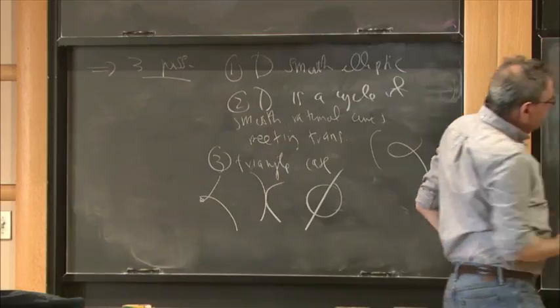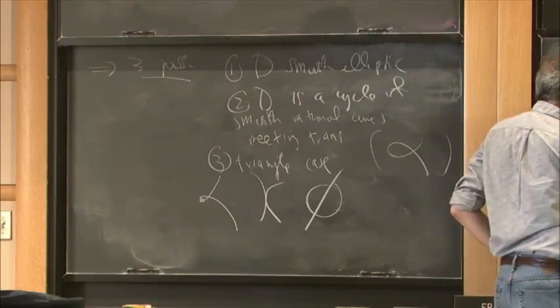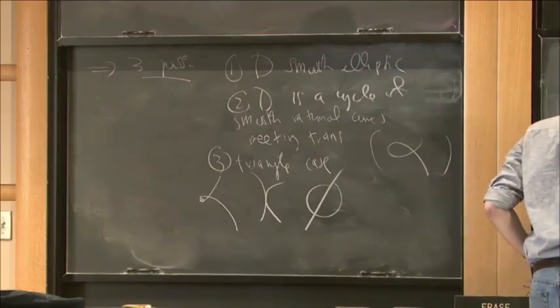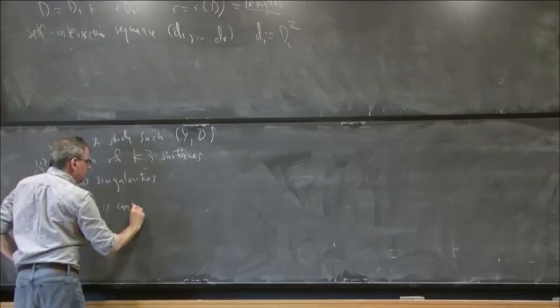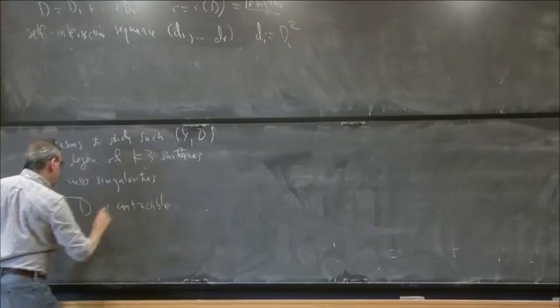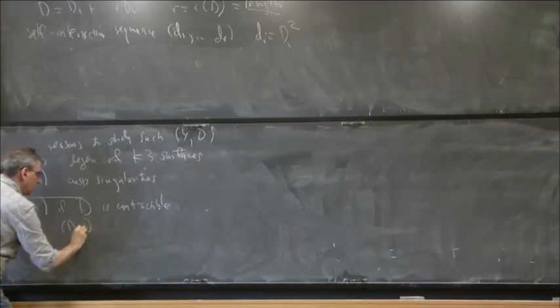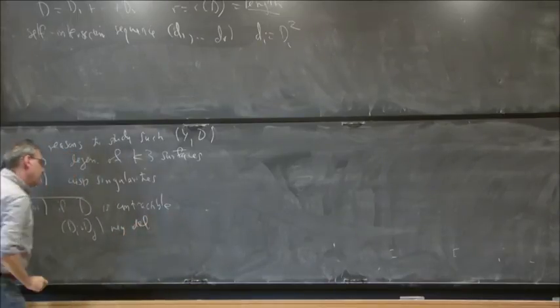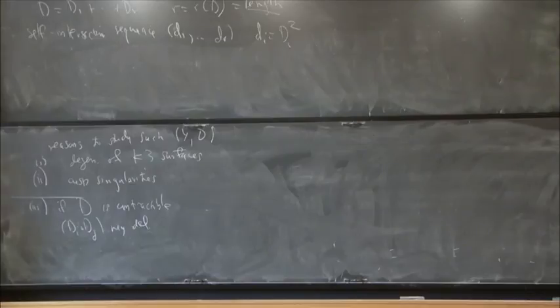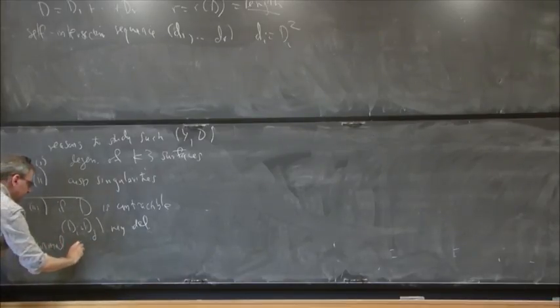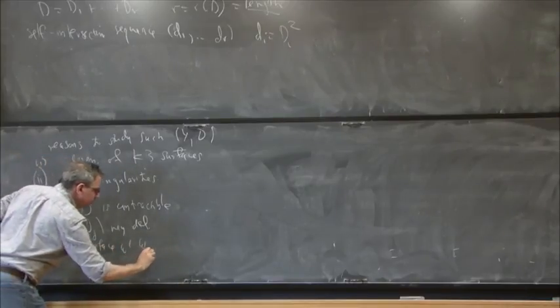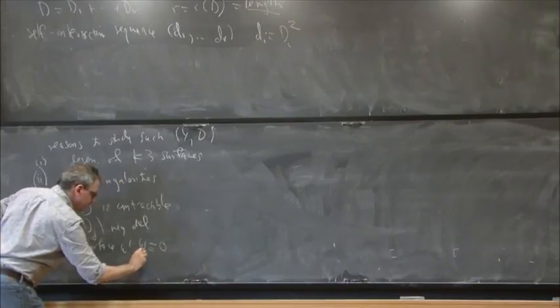And the third, let me just sort of toss out a third, which is as follows. For example, if D is contractible, in other words, the self-intersection matrix is negative definite, then you can contract it, and you get a normal complex surface with trivial dualizing sheaf, so say Y bar.